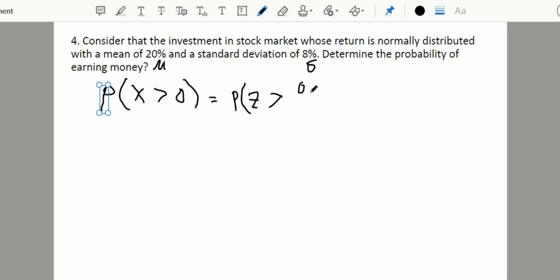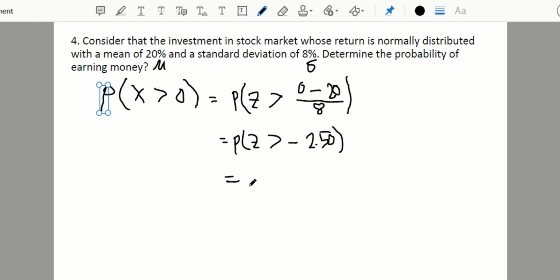So we have 0 minus 20, we can just not mind the percentage symbol, so we can use 20 and 8 because we can just cancel the percentage. So we have negative 20 divided by 8. So we have negative 2.5. So Z is greater than negative 2.50.